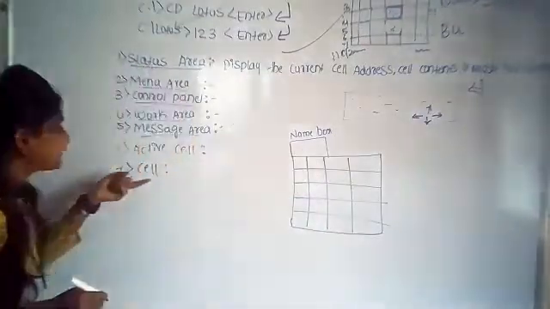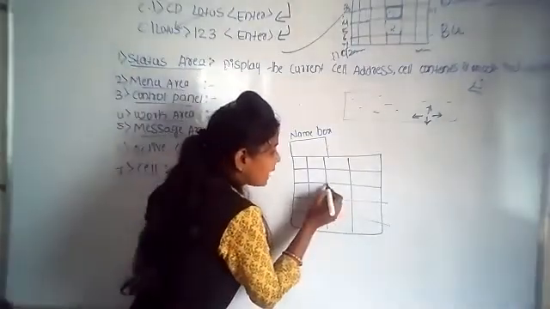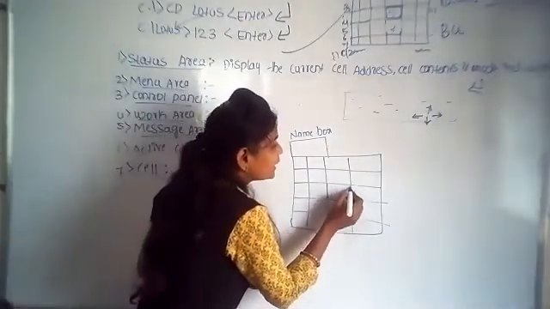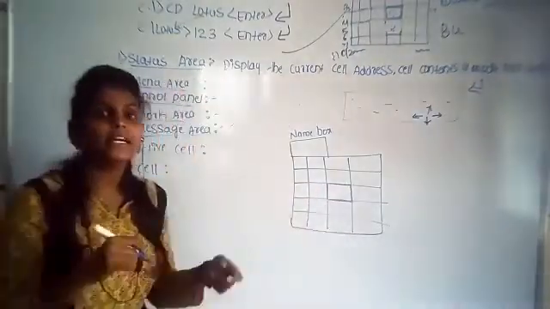Okay, I am explaining about the cell. What is a cell? A particular rectangular area in a spreadsheet is called a cell, or that is called a grid.